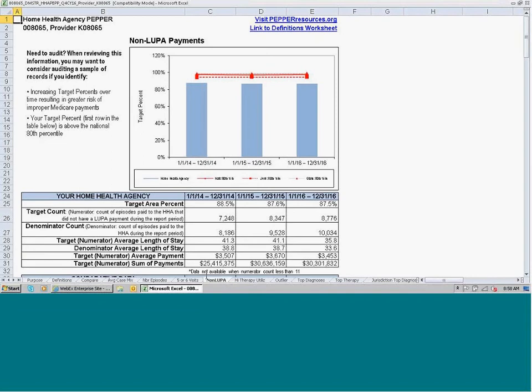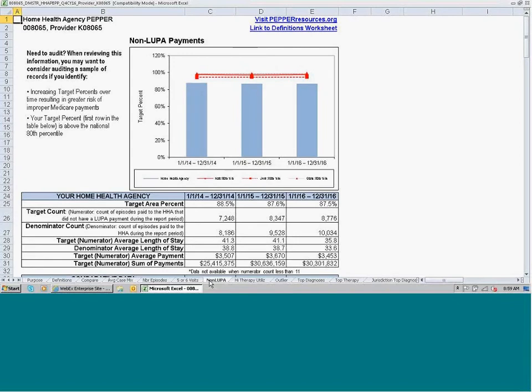So for the 5 or 6 visits, the concern would be, did that beneficiary receive the 5th or the 6th visit just to qualify for the HHRG payment. Now, the LUPA payment: when the beneficiary does not receive at least 5 visits during the episode, then the home health agency receives a LUPA payment.